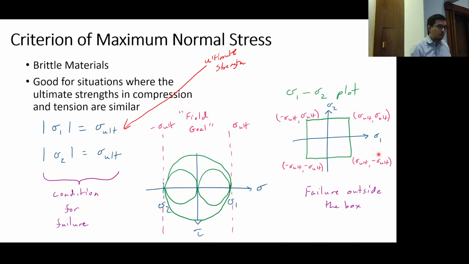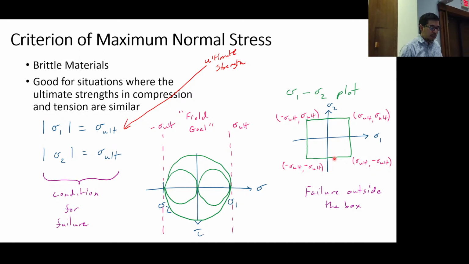What is going on here? If you look at it, you could have a Mohr circle where sigma 1 and sigma 2 are the same, and they're right here at this point, at the ultimate. So let's say sigma 1 equals sigma 2 equals sigma ultimate. What does that Mohr circle look like? A dot.